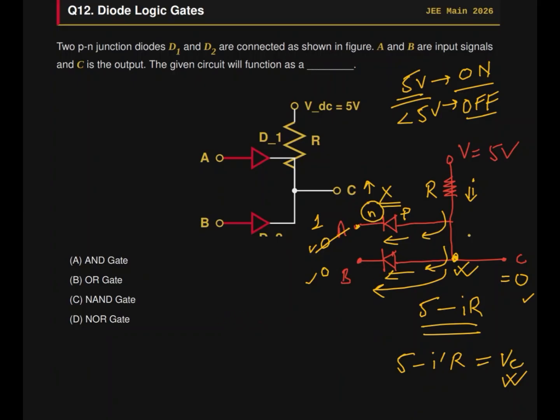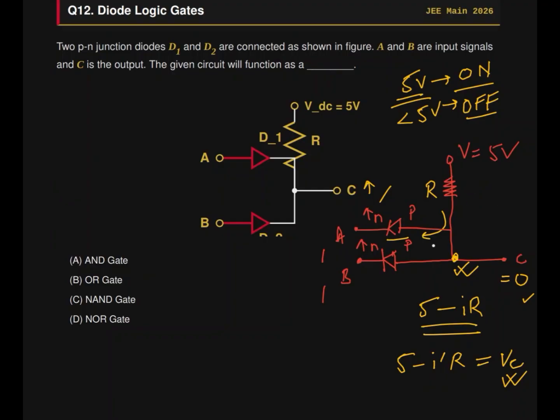But when we have, let's say, both of them as 1, this is one, this is one. In that case, both of them are reverse biased, right? Both of them have higher N potential than P. So there will be no current flowing, right?